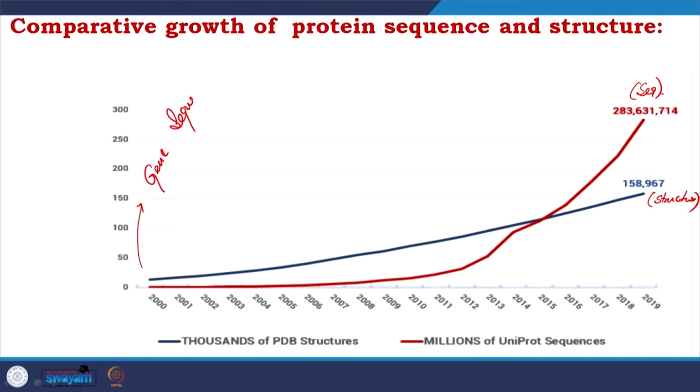The automation was not there, and gradually the number of sequences increased, and this point is marked around 2014-15. Sequences pass, and it goes on and on.